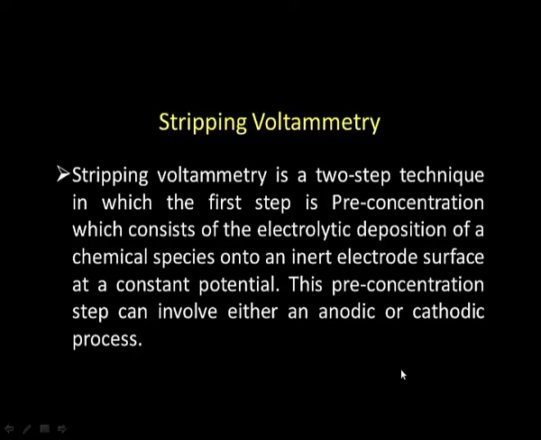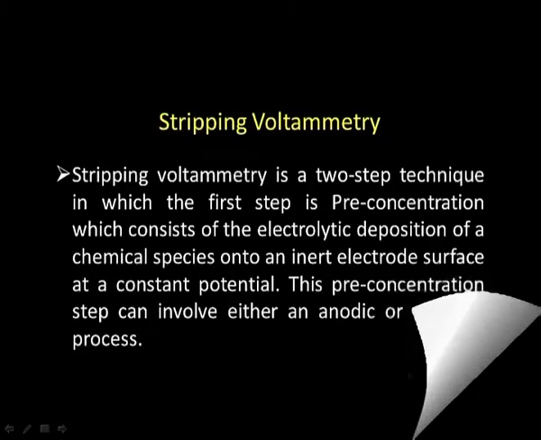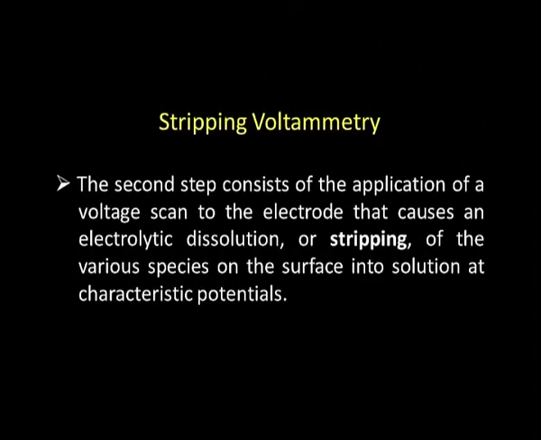This pre-concentration step can involve either an anodic or cathodic process. The second step consists of the application of a voltage scan to the electrode that causes an electrolytic dissolution or stripping of the various species on the surface into solution at characteristic potentials.